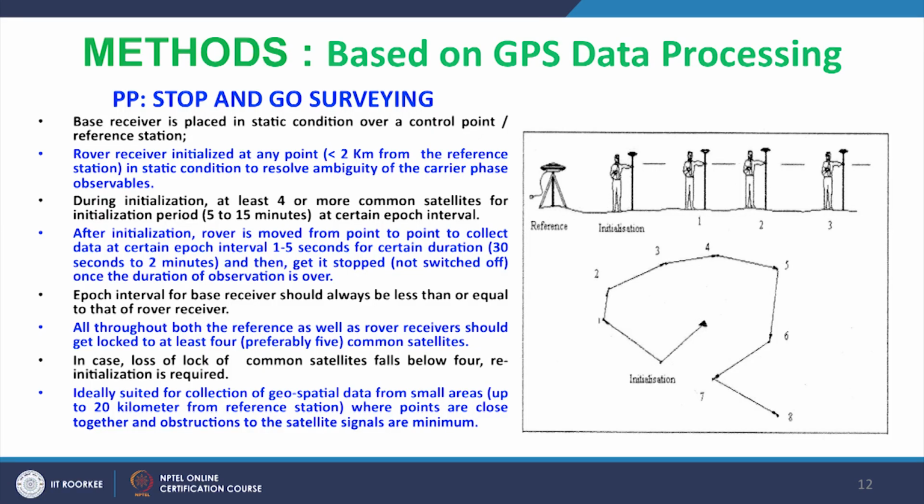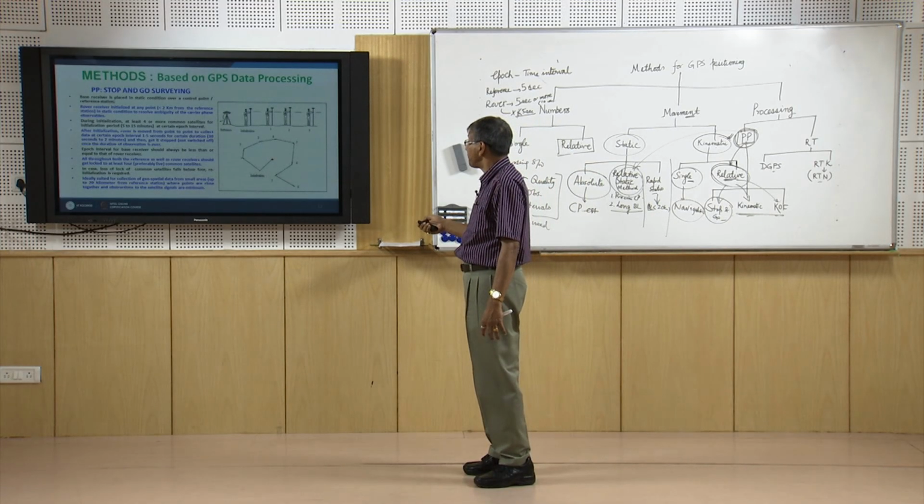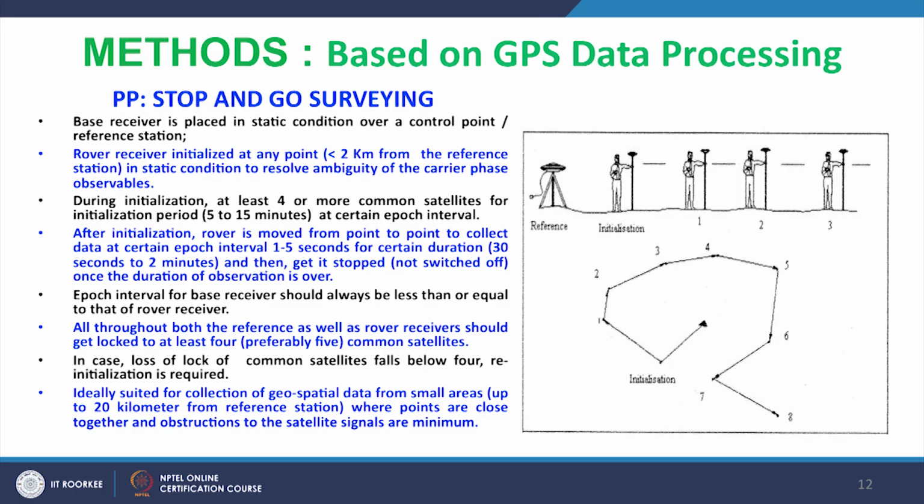The most important thing to be noted is that in this process we have to do the initialization. Second, during the whole survey, at least 4 or preferably 5 or more satellites should be identical for both receivers. That means signals from 5 or more identical satellites should come to both the reference and rover receivers, and the epoch of observation of the reference should be equal to or less than the rover receiver.